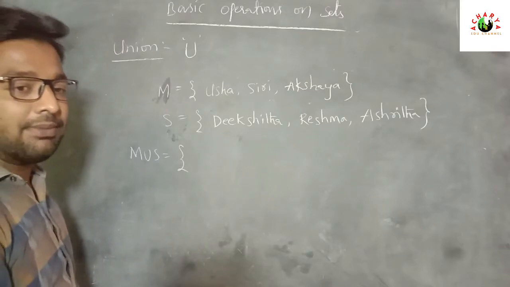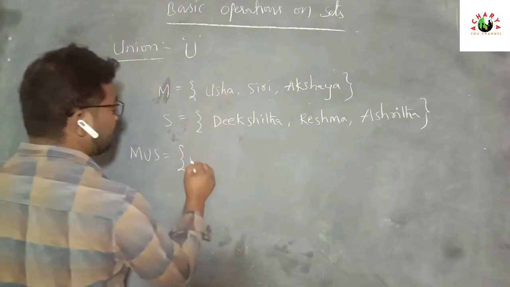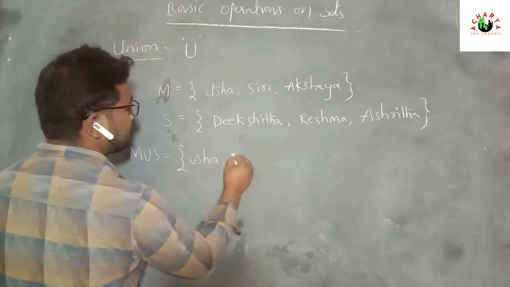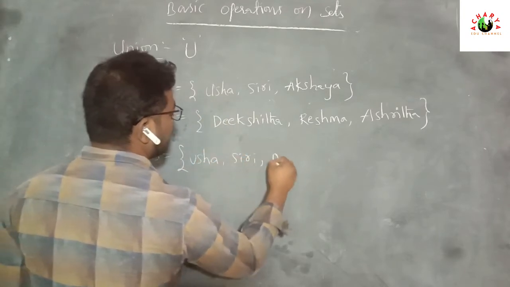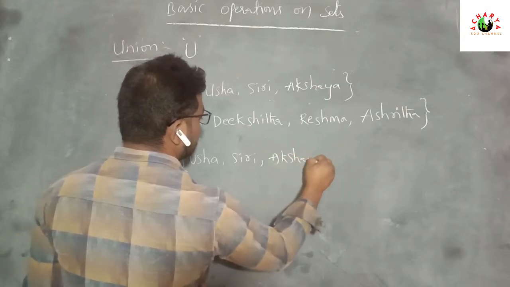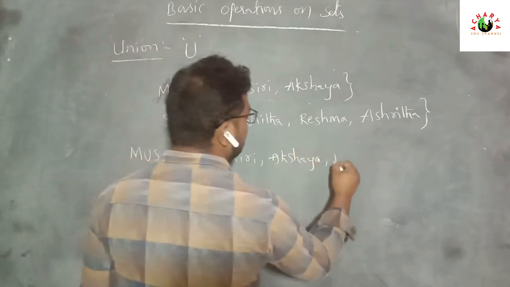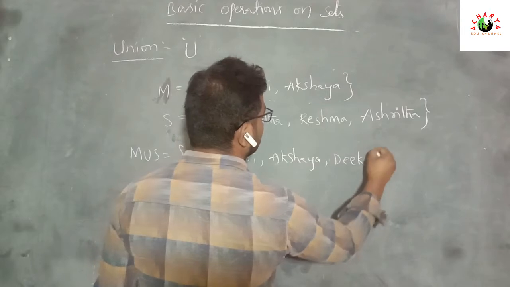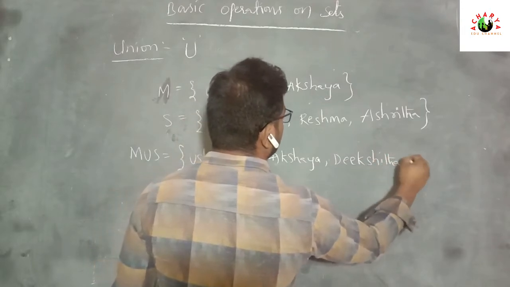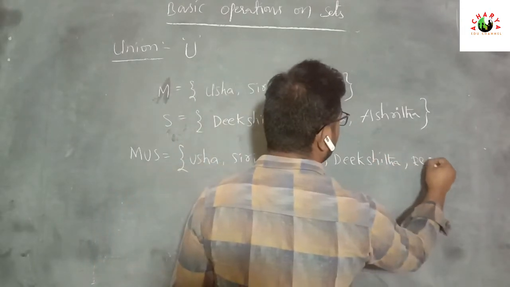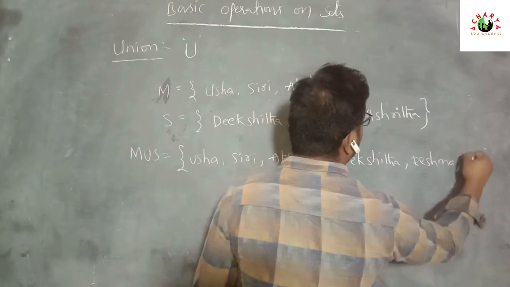First one is Usha, next Siri, next Akshaya, comma Dikshita, comma Reshma, comma Ashrita.